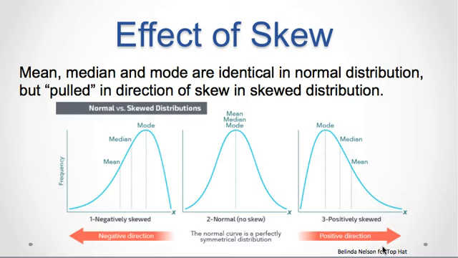In other words, when high scores are added to an otherwise normal distribution, the curve gets pulled in a positive direction or to the right. When the curve is pulled in a negative direction or to the left by extreme low scores, it is negatively skewed. The more skewed a distribution is, the more difficult it is to interpret.